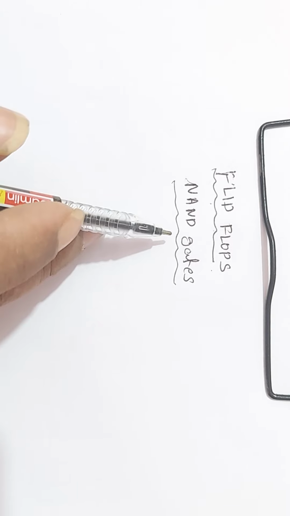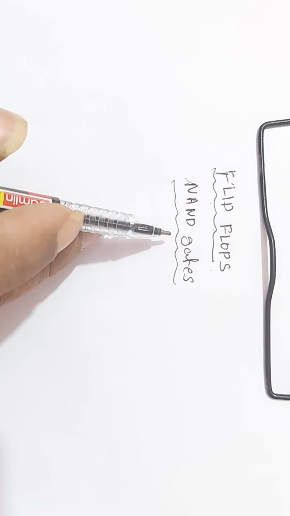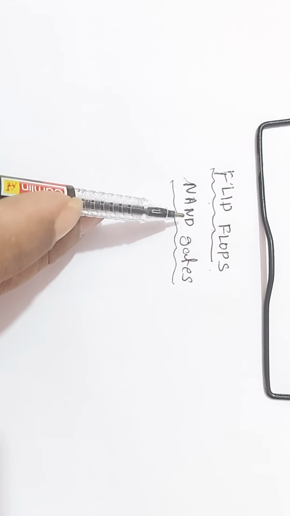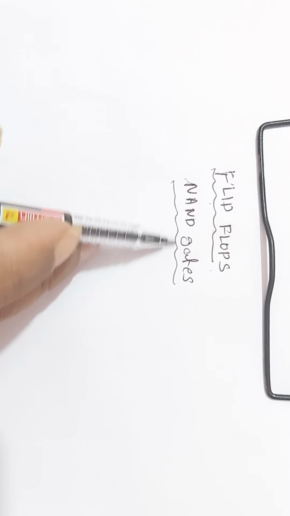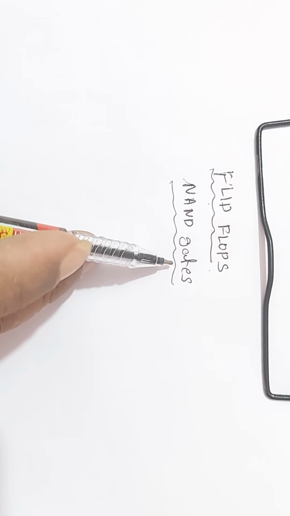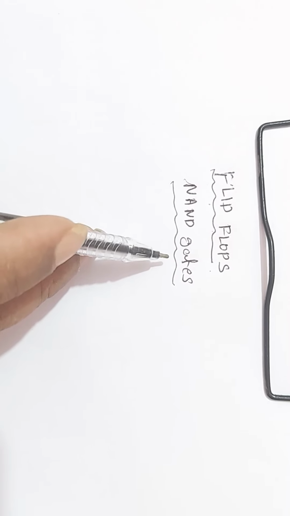Since CMOS performs very well compared to an ordinary transistor, usually the NAND gates are always constructed using CMOS gates because of its good performance.